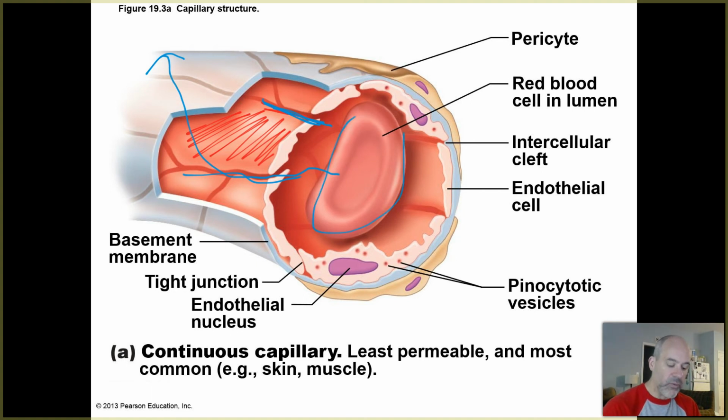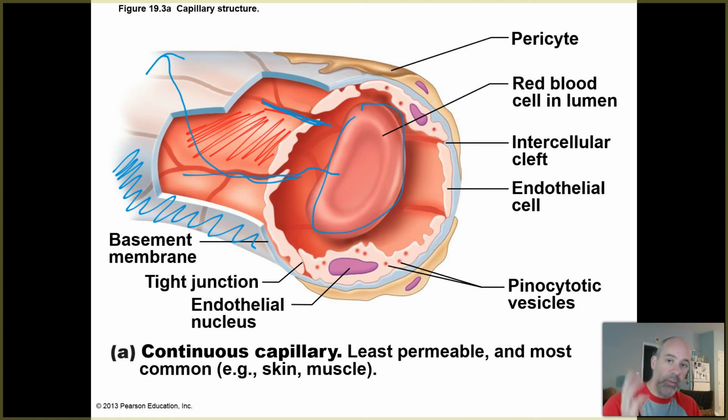You can see how big an individual red blood cell is passing through a continuous capillary. And in blue, the basement membrane, that's a very thin layer. That's not a living layer. That's mainly composed of protein carbohydrate combinations that kind of form a tissue glue that helps anchor those capillaries in place.